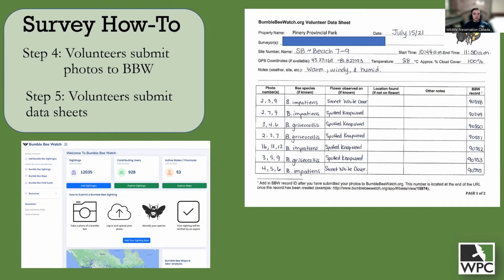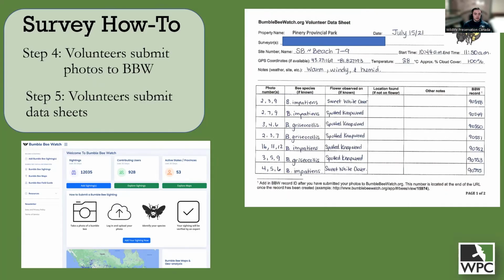But another way that volunteers can help organize and manage their camera reels with all the bees that they've captured is by writing down what photo numbers are associated with that individual bee. And then when it comes to upload those to Bumblebee Watch, they can just go into their camera reels and find those photos and know that that is for that specific bee.